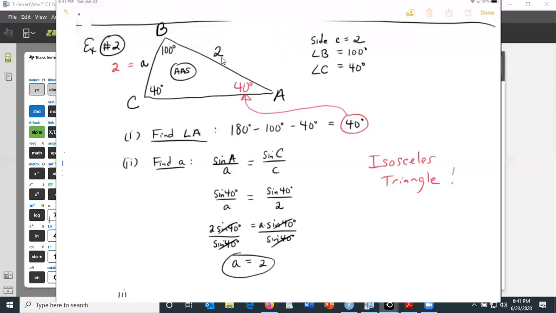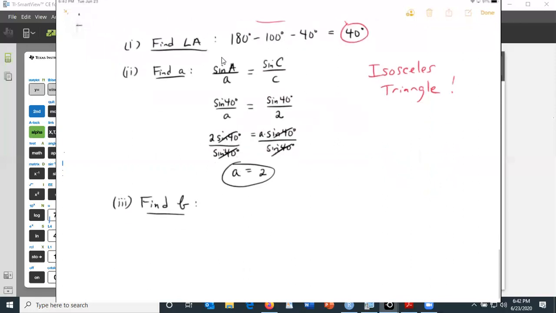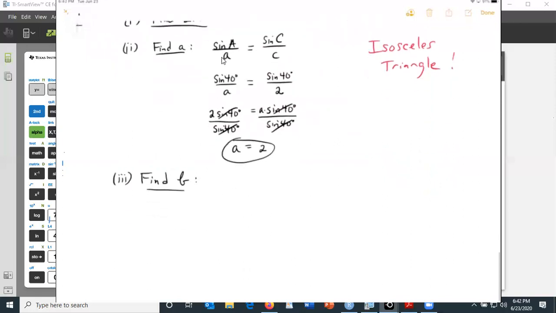All right, and finally, let's find the last missing side here, which would be side B. All right, so now think about what ratio you have to use. If you want to find side B, you have to at least use this ratio, sine of B over B. And then we might as well use the C ratio again, because we know those values.